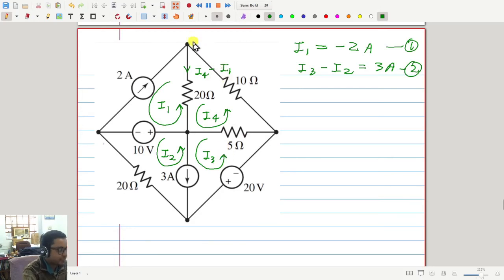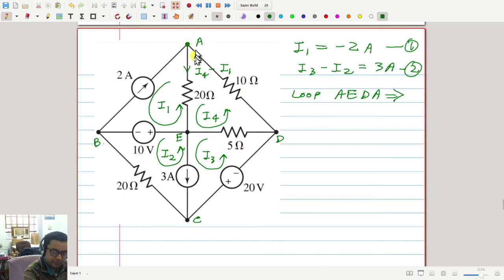Then what else? Let us look at, say, this, let me call it A, B, C, D and E. Then if I look at the loop AEDA, from this what can we write?